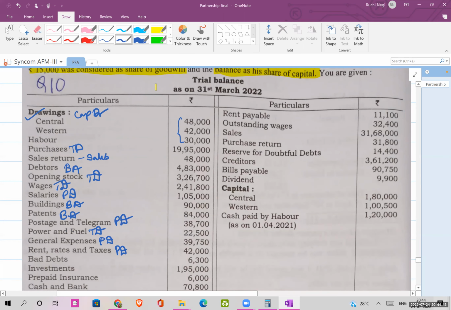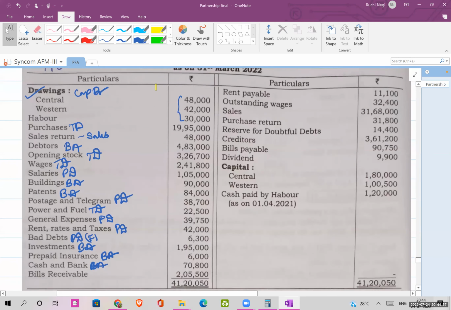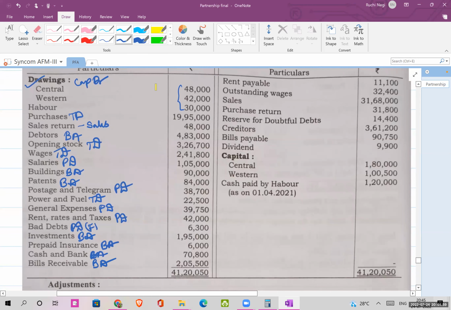Bad debts would obviously be P&L debit, and we'll be using that formula of bad debts. Investments, balance sheet asset. Prepaid insurance, since it is in the trial balance, it will have only one effect, balance sheet asset. Cash at bank, balance sheet asset. Okay. Then bills receivable, balance sheet asset.